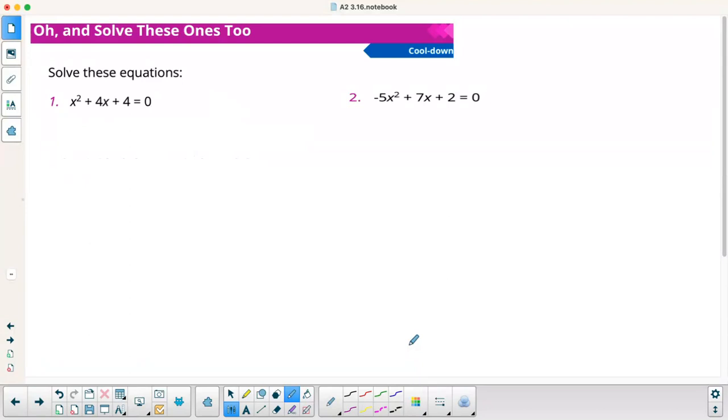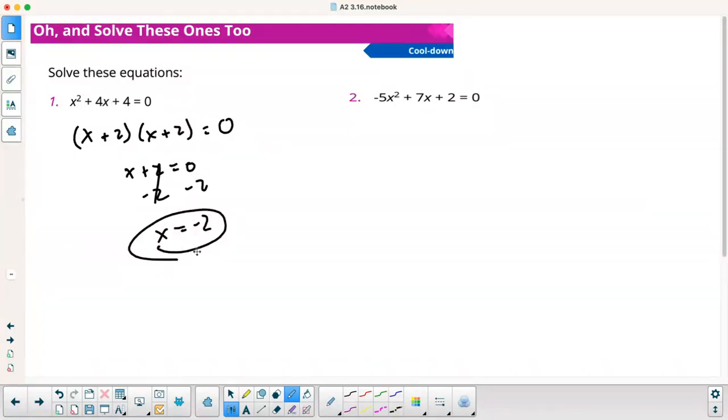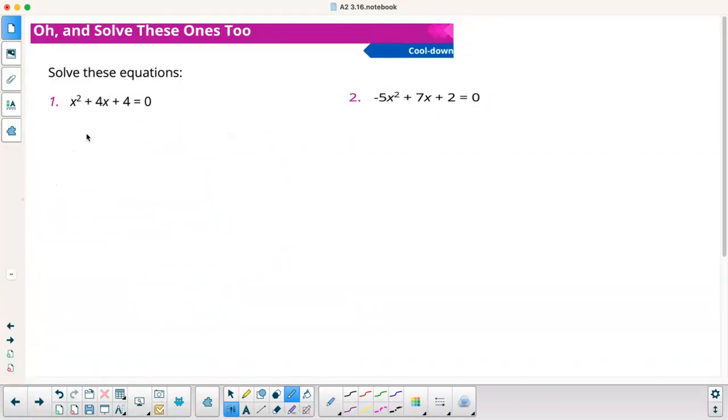All right, so this one I'm going to factor. And then if I just set one of them equal to 0, I get x equals -2. Okay. So I tell you what, since our goal was to use the quadratic formula and completing the square though, I'm going to do completing the square. Move the 4 over to the right.